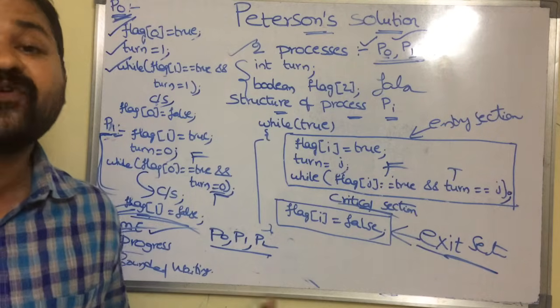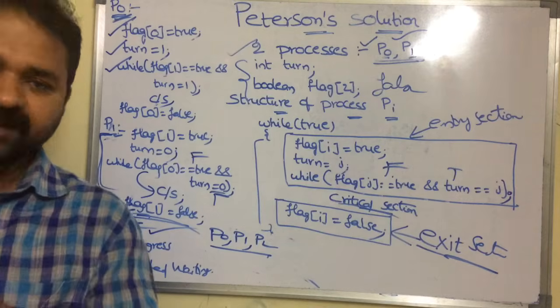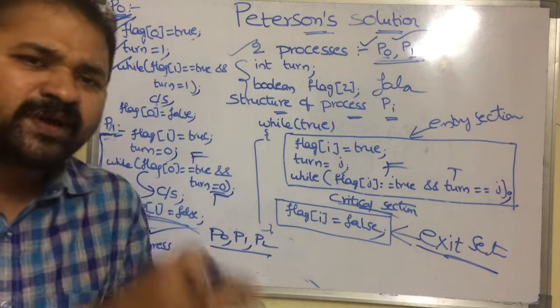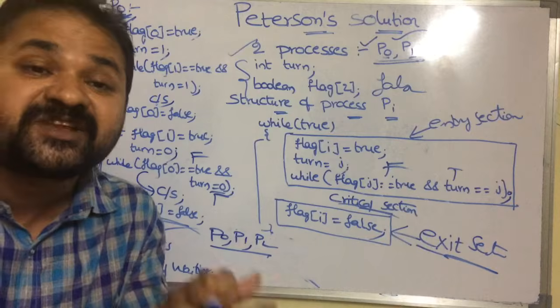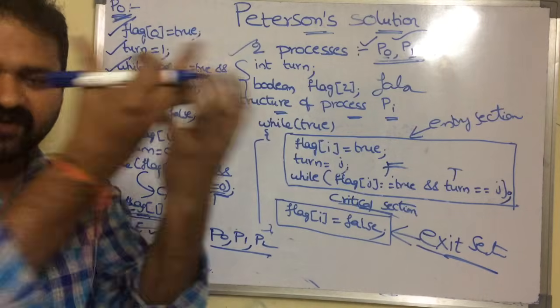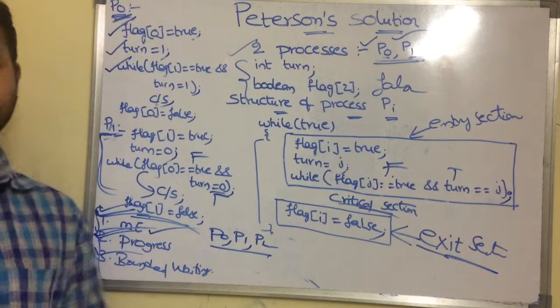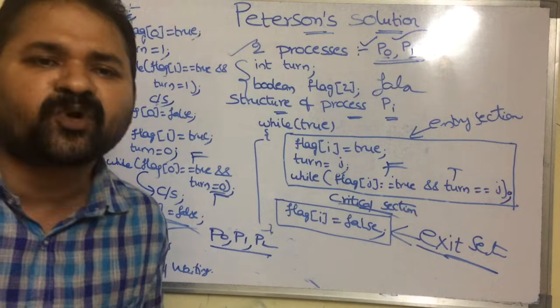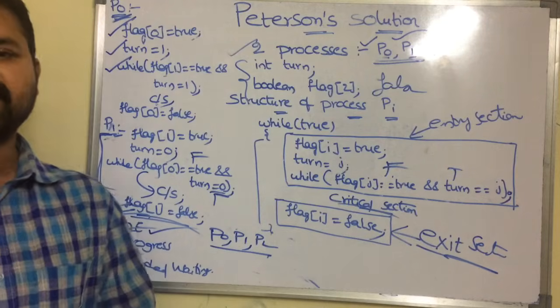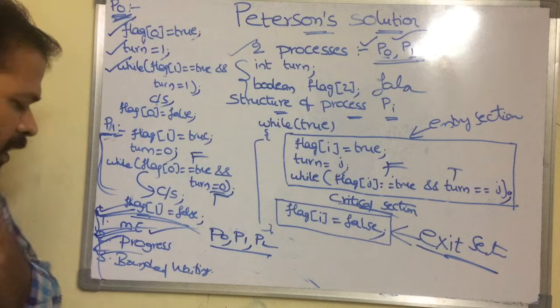It should not be postponed for a longer period of time, and we have to consider only the interested processes which want to enter into the critical section. So not interested processes should not be considered here. So that is nothing but progress.